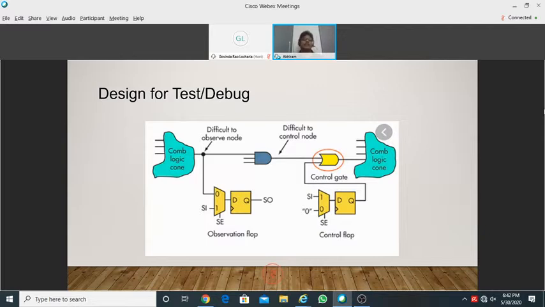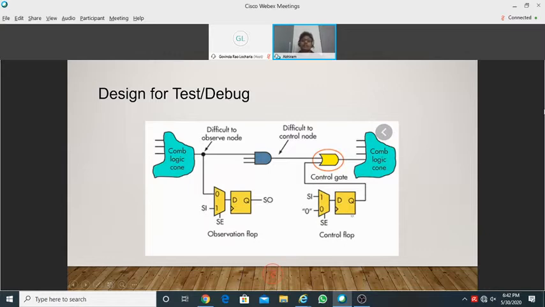So we need to have a logic for observation. For example, if you see this observation flop, based on this mux input, you can observe your SI input instead of from the combination logic, just to see at the output of your SOC that there is a problem or there is no problem.